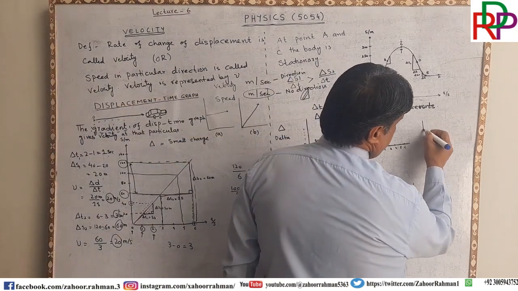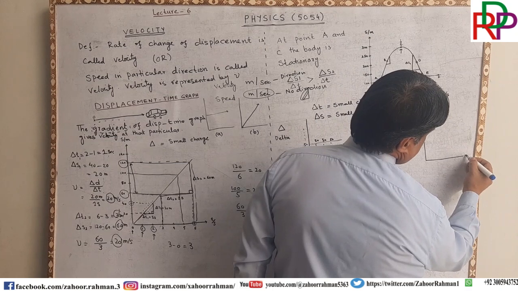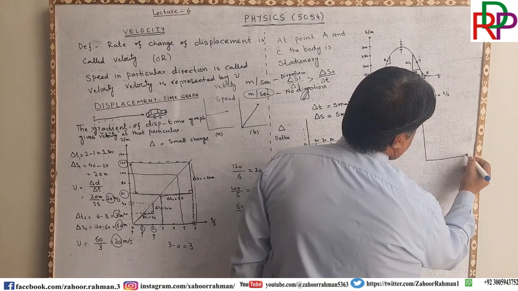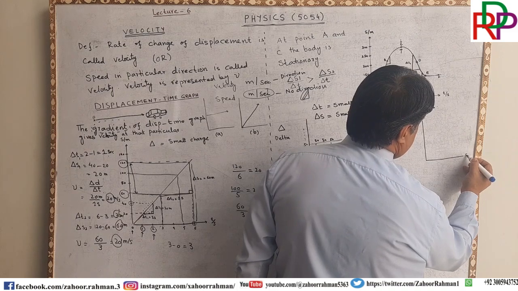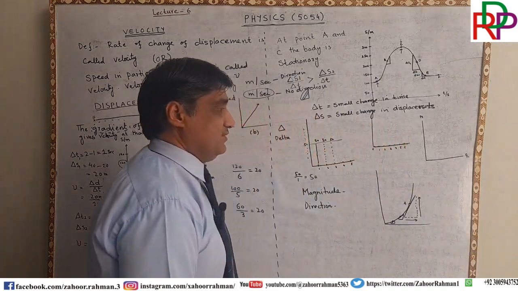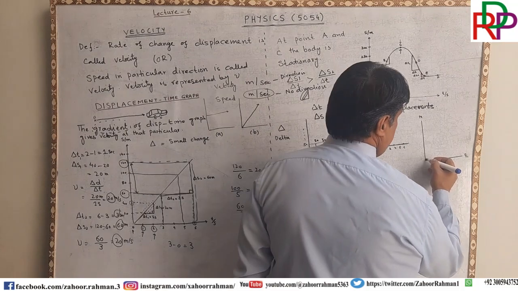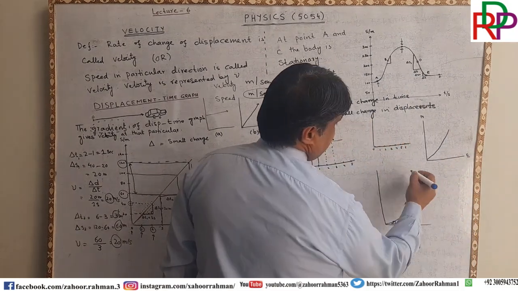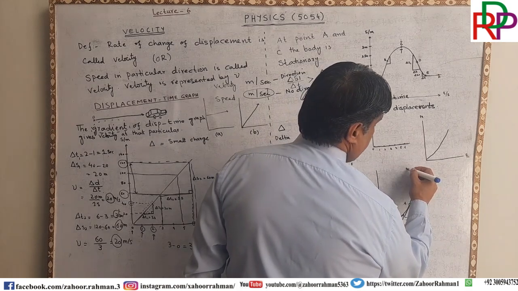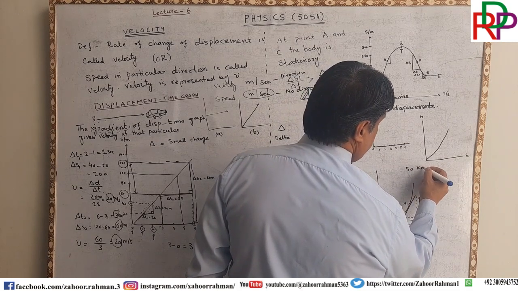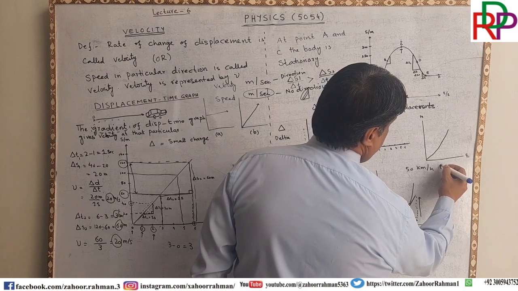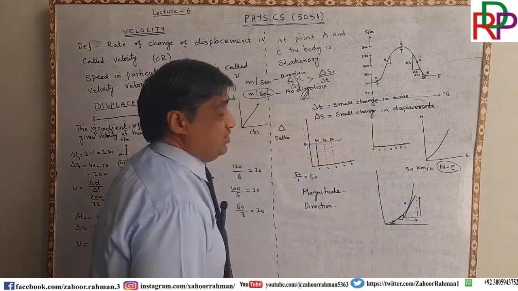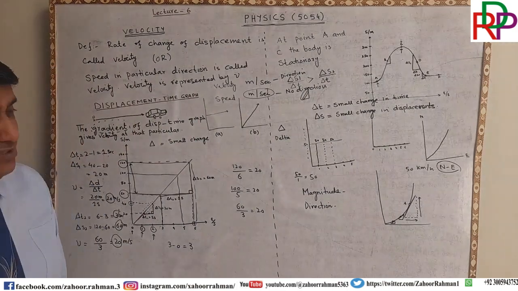For example, a body is moving. This is north and this is east, and a car is moving here. You will say that the car is moving with 50 km per hour northeast. So we are showing the direction, which means it is a vector quantity.